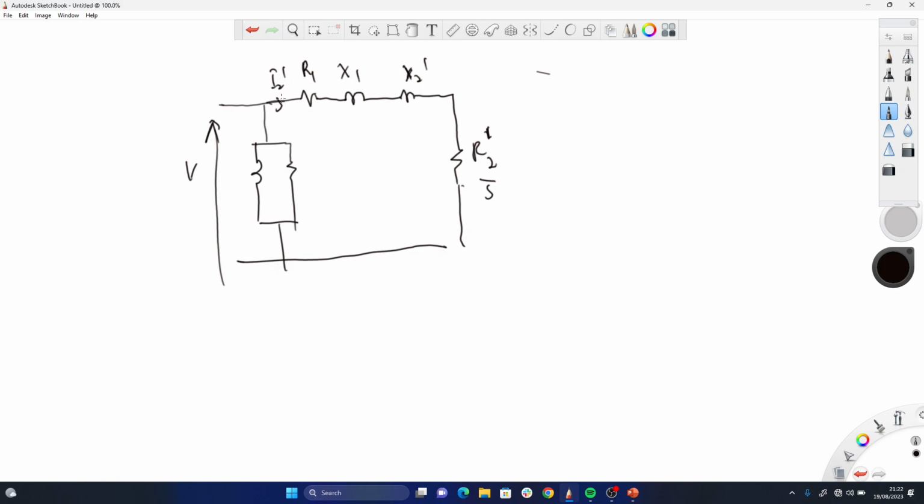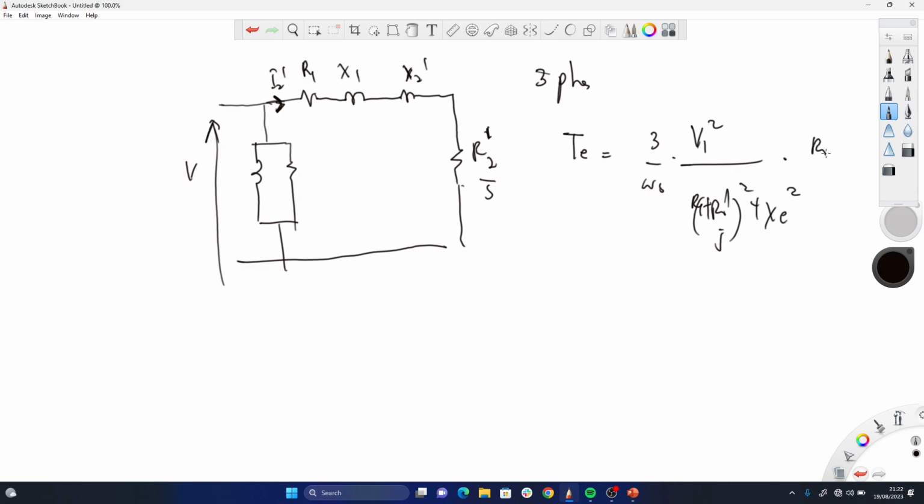All the formulas that we did, go back to the videos and see the formulas when we spoke about the three-phase induction motors. All the formulas for finding TE, which is the torque, right? We know that torque is equal to 3 over omega S, V1 squared over R1 plus R2 prime over S all squared plus XE squared, multiplied by R2 prime over S. Remember the T max formula, I think that was 3V1 squared over 2 omega S multiplying R1 plus the square root of R1 squared plus XE squared.